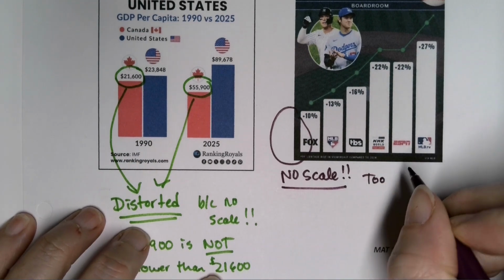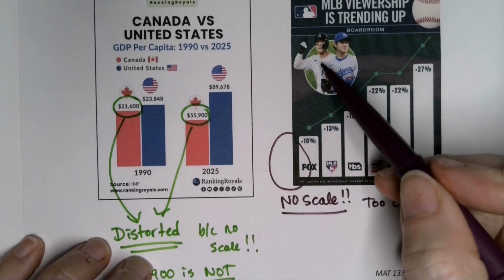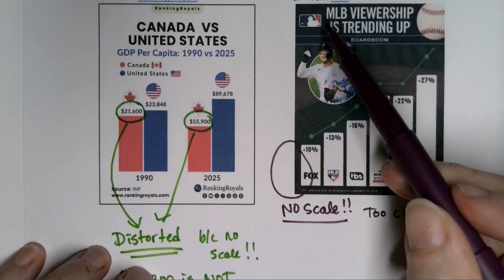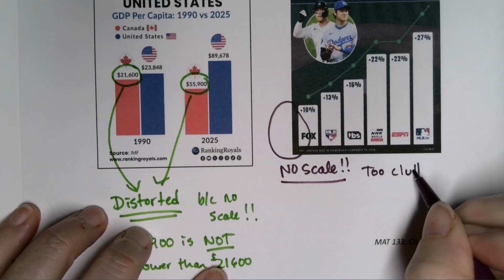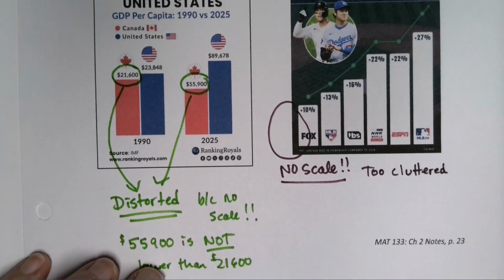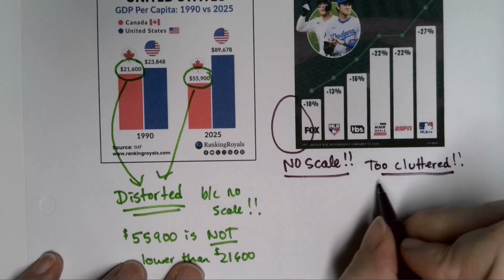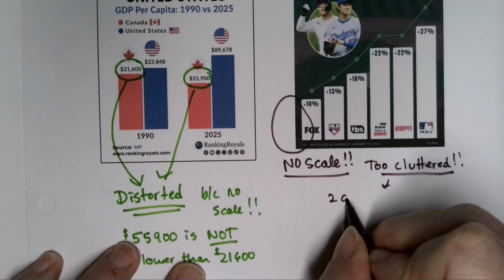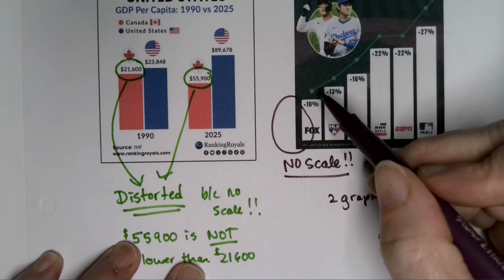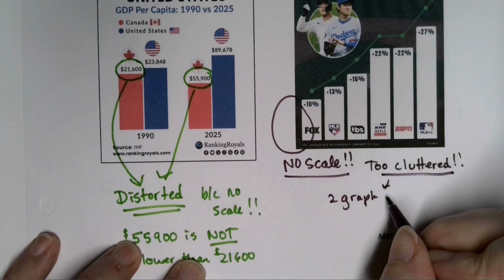It's too cluttered. There's a picture up there for no reason, and then this other picture, and then another picture. So this was actually on a website, believe it or not. Too cluttered. There's no scale, right? Too cluttered because there's two graphs, a line graph here and a bar graph.